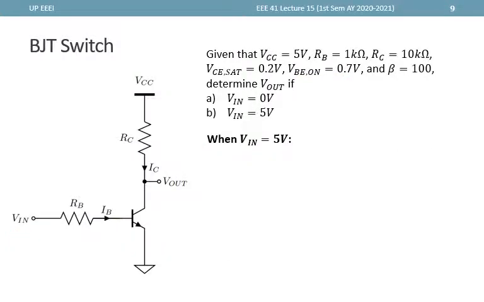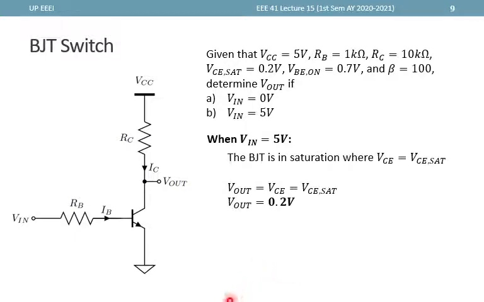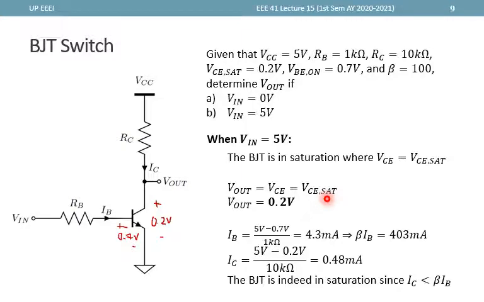Now, redoing the analysis for the case of saturation, again, we're replacing the BJT with two voltage sources. So we have here 0.7 volts, and then this one here is 0.2 volts. It is now easy to see that Vout is simply 0.2 volts, equal to VCE sat. Now to confirm, we check IB.